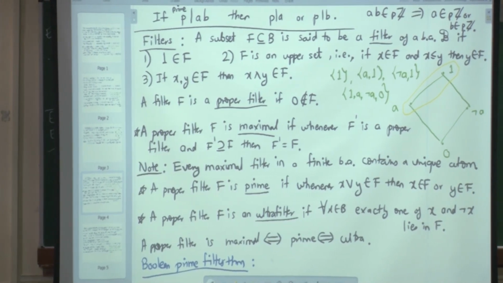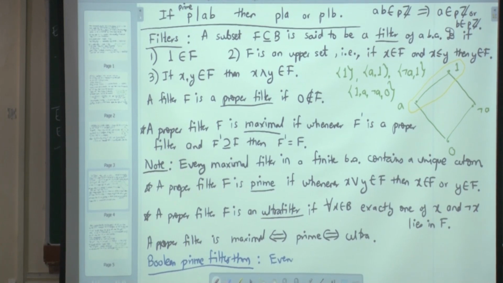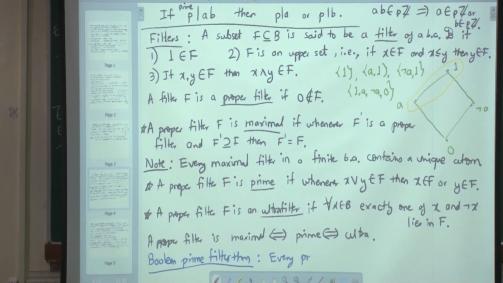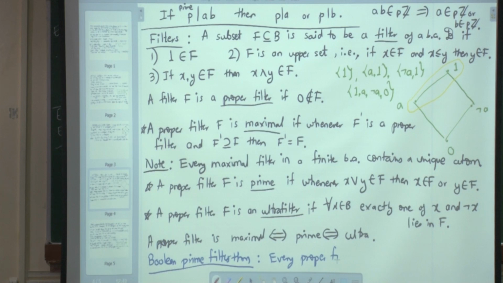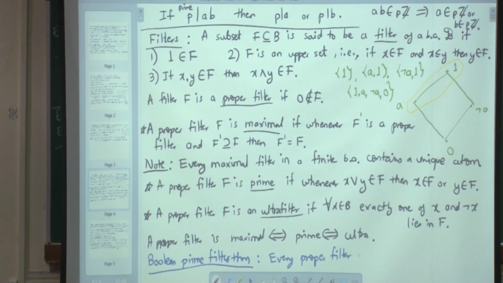It says that every proper filter f can be extended to a prime filter F dash, I mean extension means that it contains f.